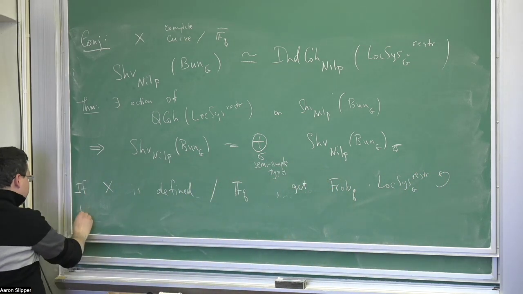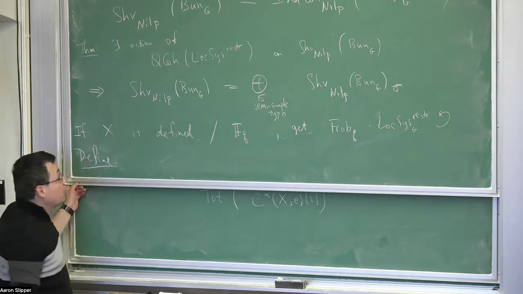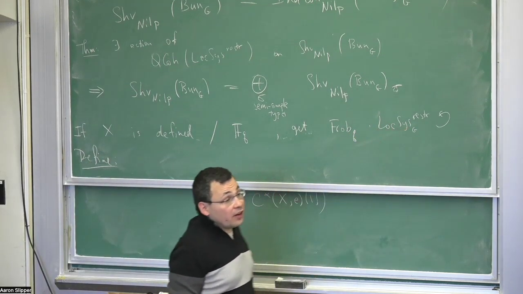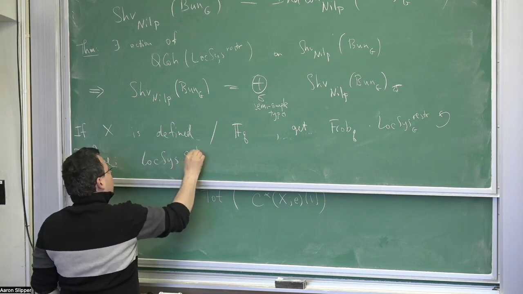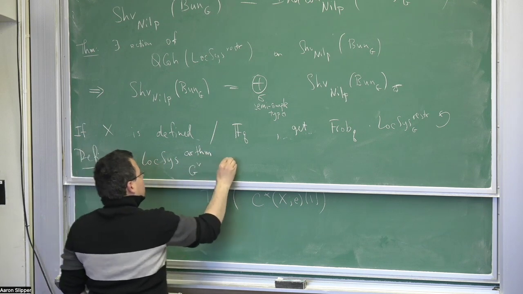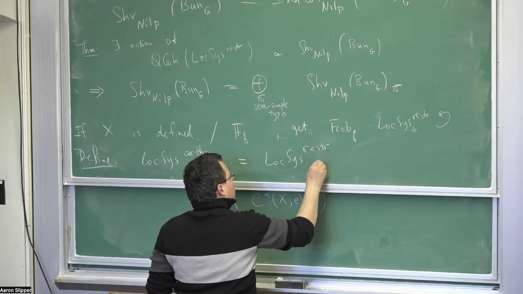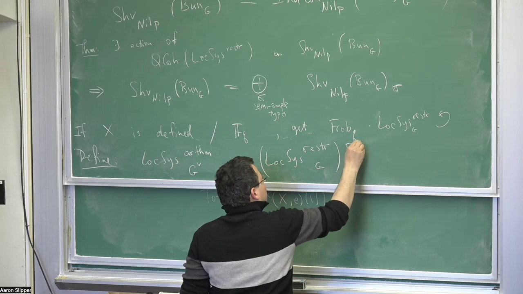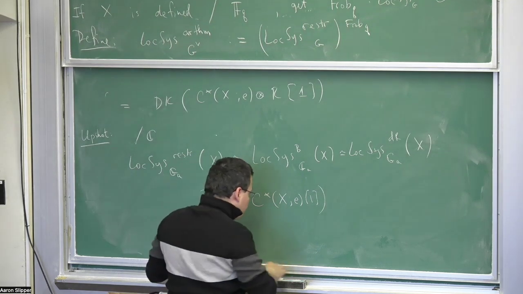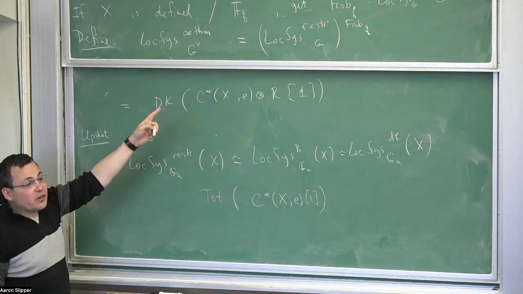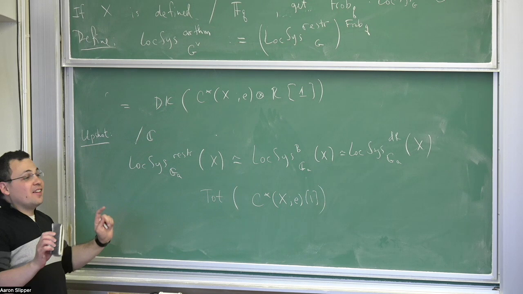So we define the moduli space of Langlands parameters, which is the fixed points of this action, the derived fixed points. We took something mildly derived and took fixed points of some automorphism. That makes it really derived.